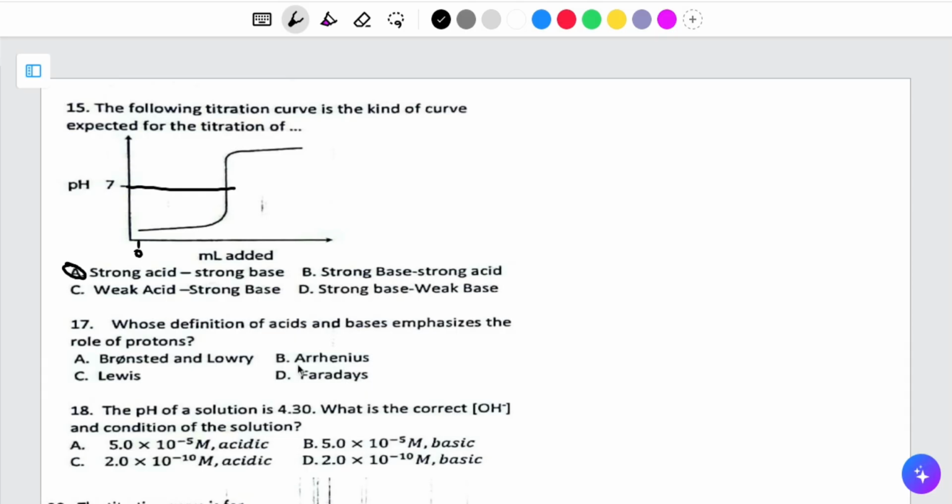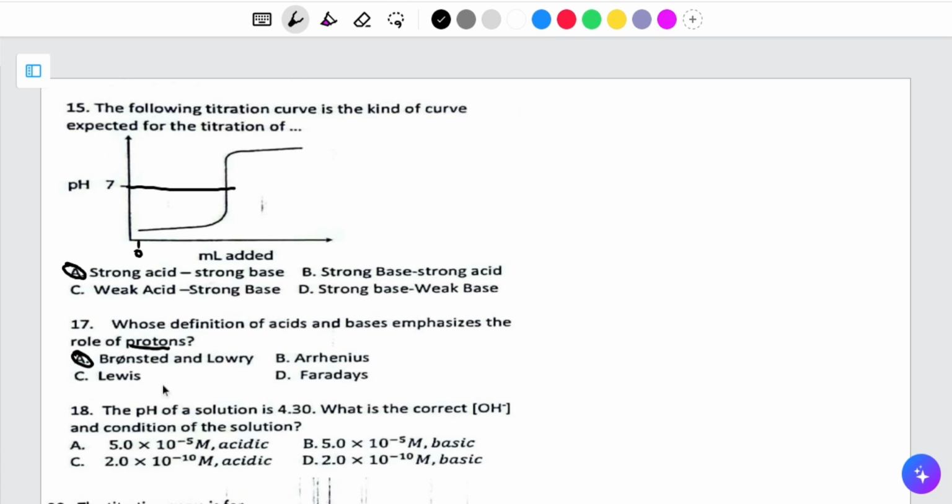Then Brønsted and Lowry emphasize on an acid being a proton donor and a base being a proton acceptor. So since here we're talking about the protons, the answer is going to be this one, but for the Lewis theory, this one emphasizes on the pair of electrons.